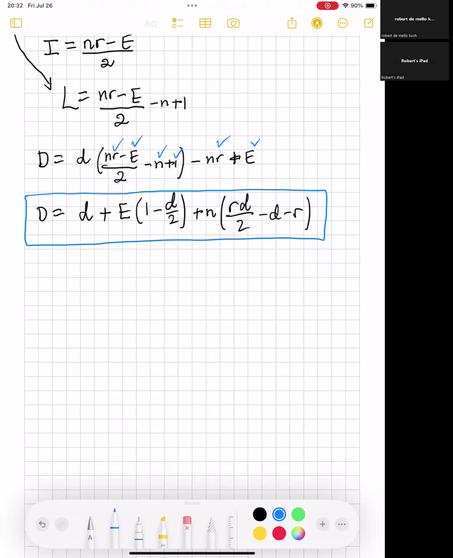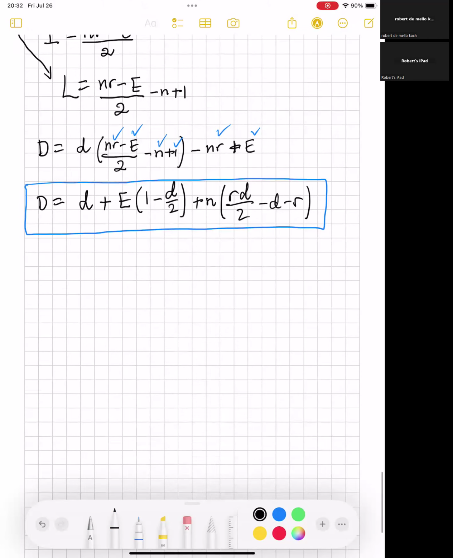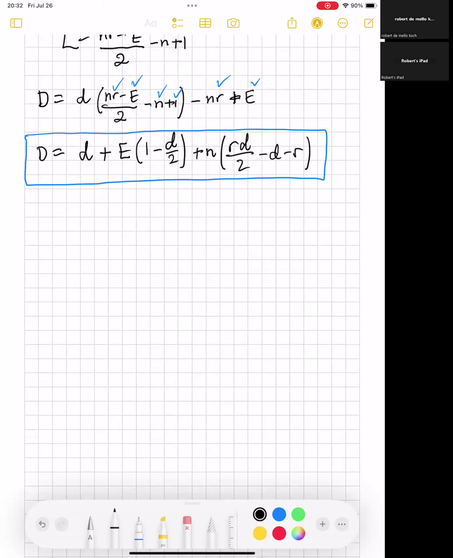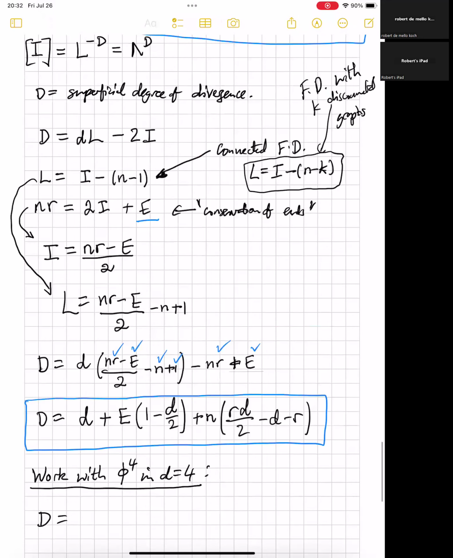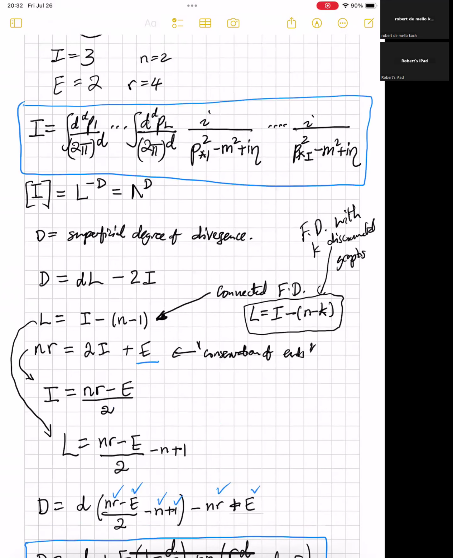Good. Okay. So now let's apply this equation. Let's see why it's so powerful. So let's say we work with phi to the 4 in d equal to 4. So let's see what we find. Remember D is telling us about the divergence of a Feynman diagram.